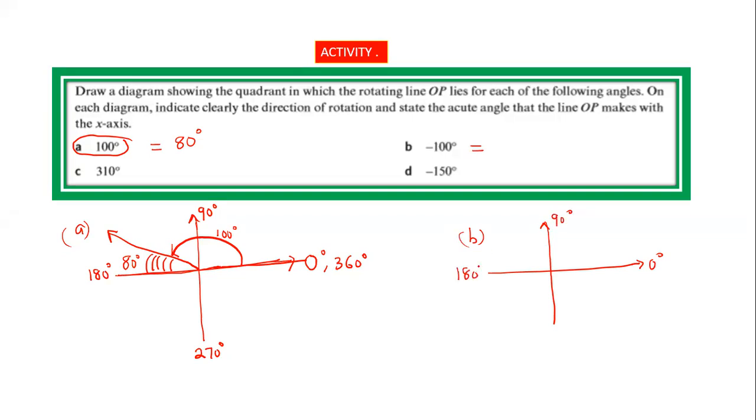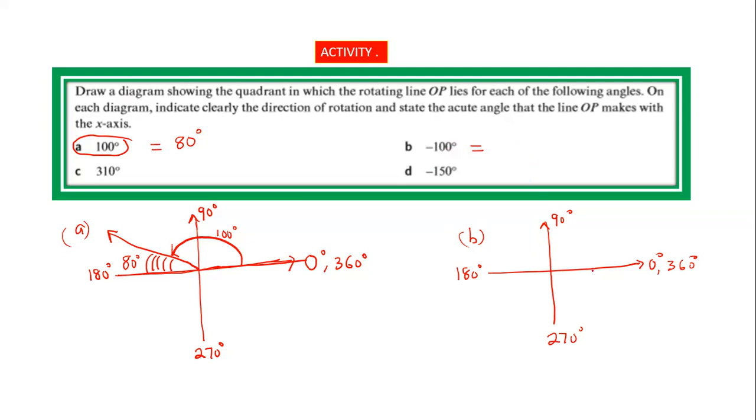Tell us which quadrant that angle is in. And let me see. People are saying third quadrant, 80 degrees. Third quadrant, that is true. But like I've told you, a negative angle means you are moving in the clockwise direction.